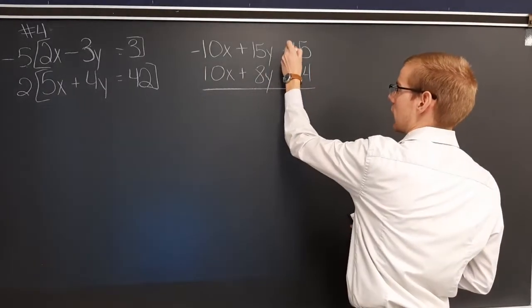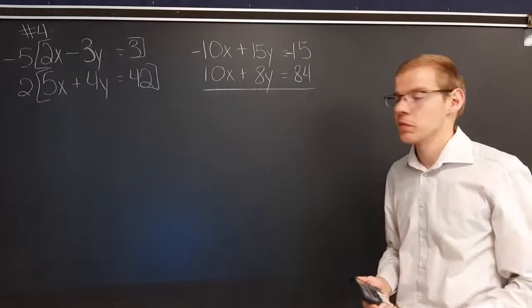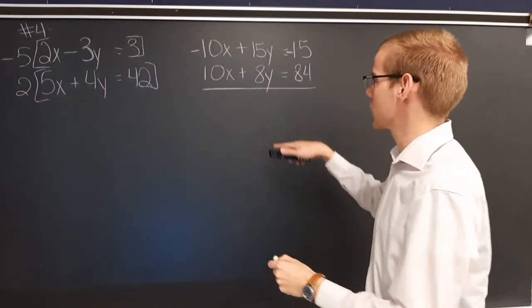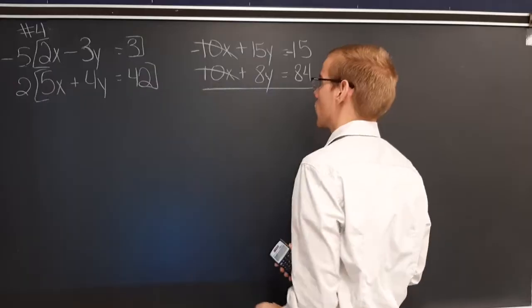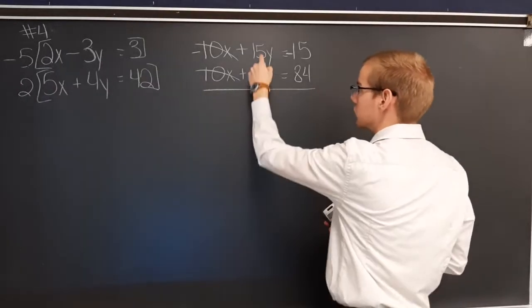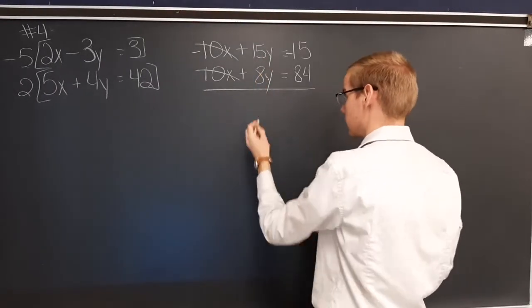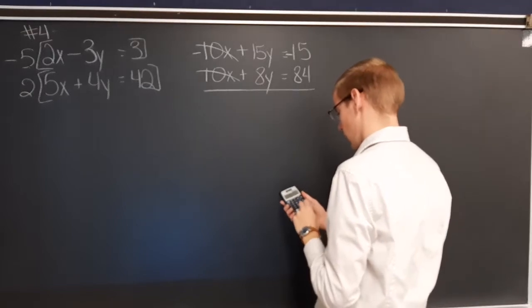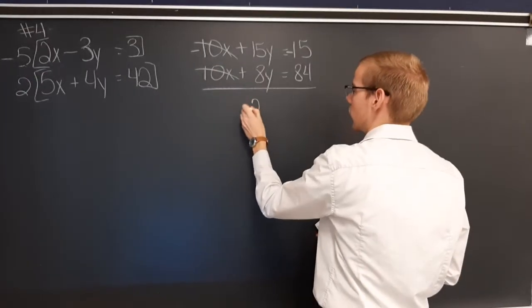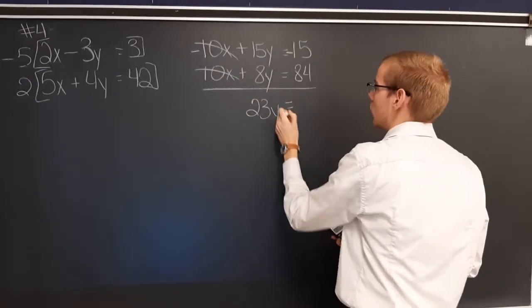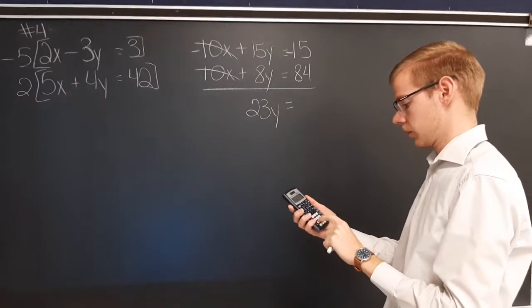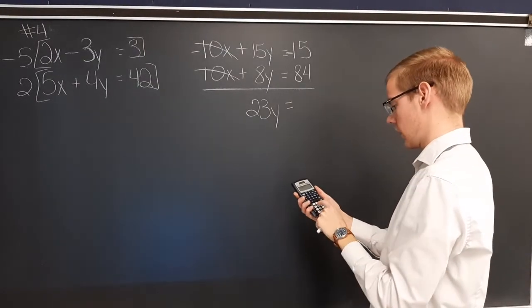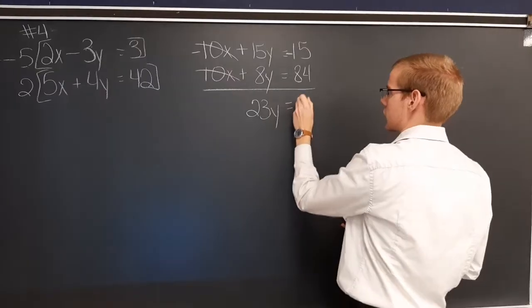Oh, I forgot my negative here. It's important. So let's start the elimination process, or the addition process first. 15 plus 8, 23. -15 plus 84 is 69.